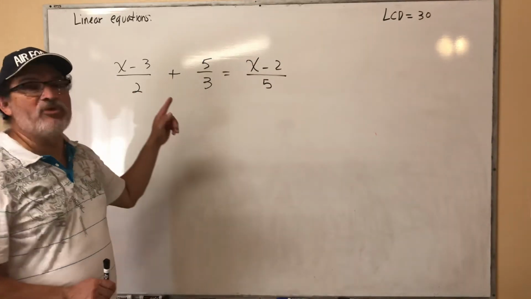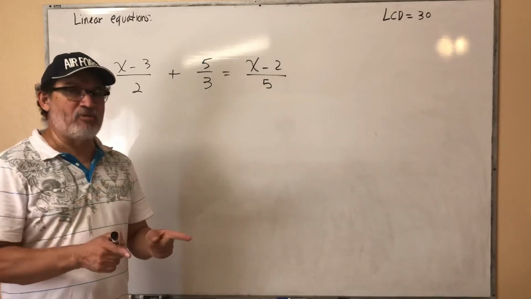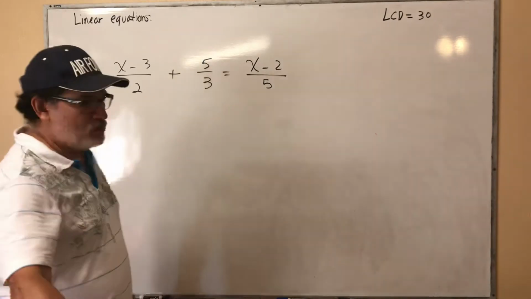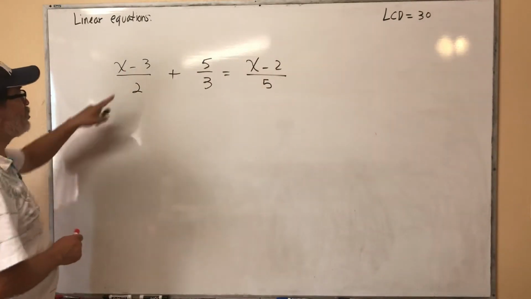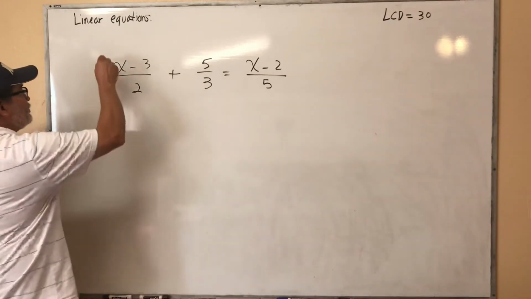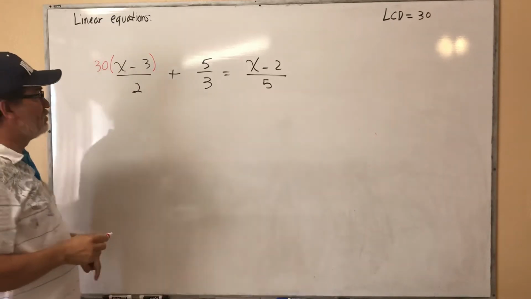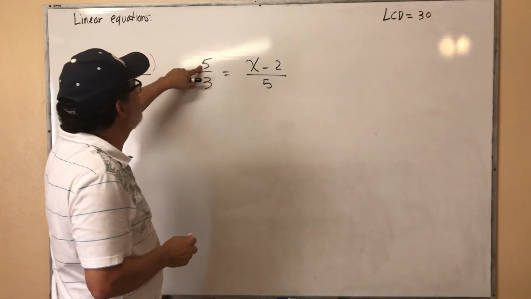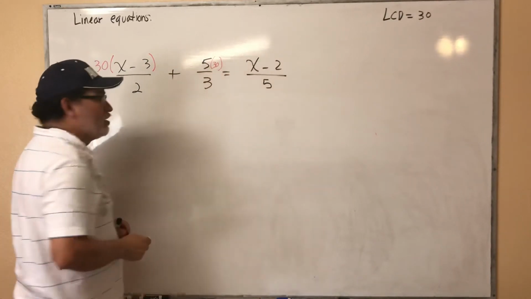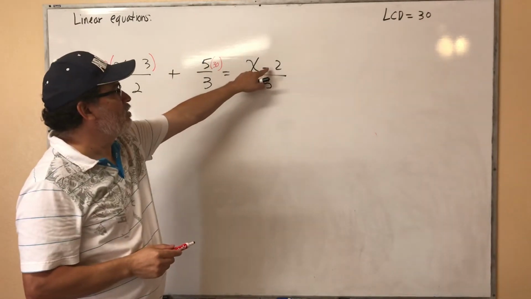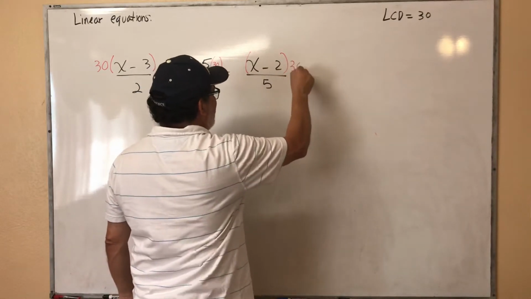Two of them are binomials. So whenever I get a binomial in the numerator, I put it within parentheses. Here's the numerator, binomial, parentheses, 30. Here's another numerator, it's a monomial, 30. Numerator, binomial, 30.